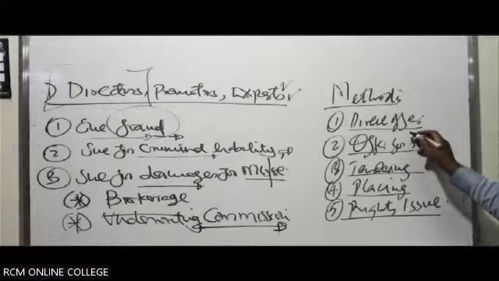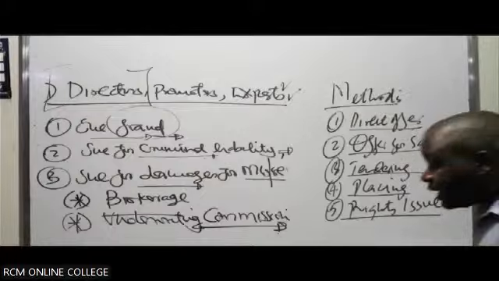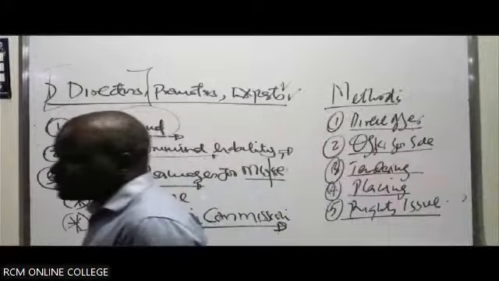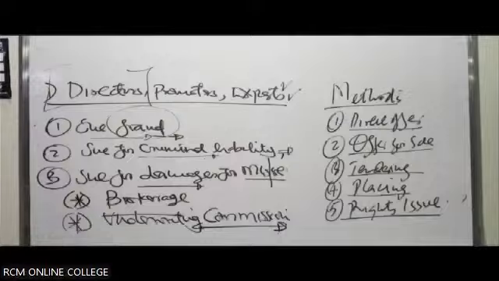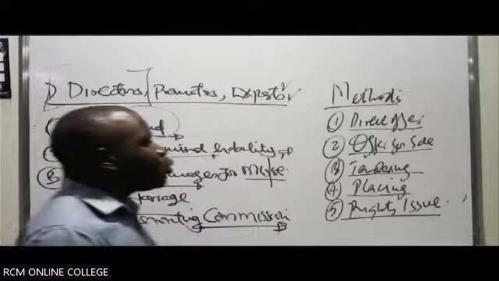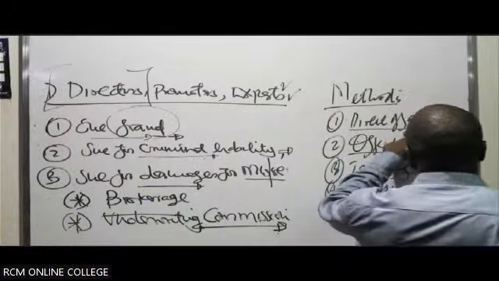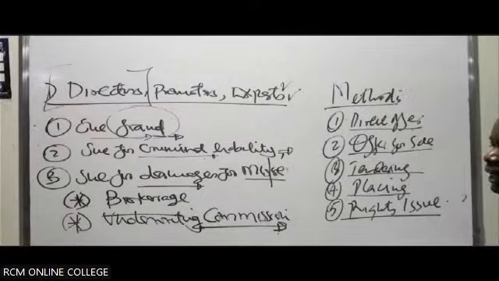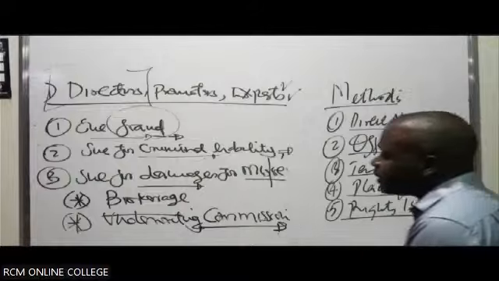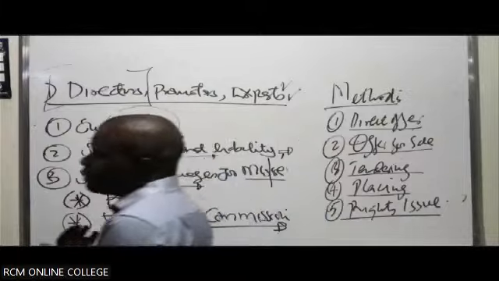When you talk about a direct offer, it is where the company itself directly sells the shares. They do a direct offer by selling the shares by themselves, as the company. So the company will be fully involved in preparing the prospectus. Then they issue out the prospectus, and eventually they invite people to buy the shares.